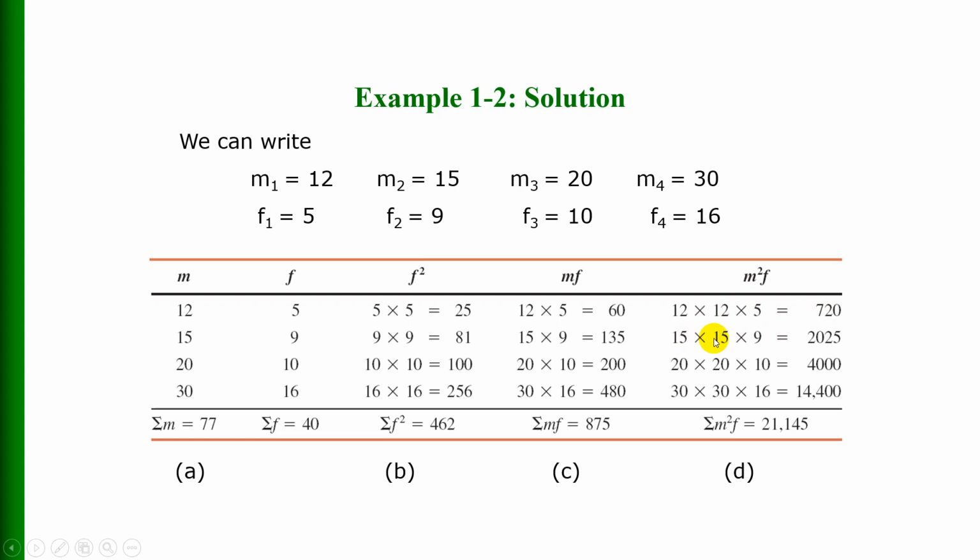Then 15 into 15 into 9 is equal to 2025. Then 20 into 20 into 10 is equal to 4000, and 30 into 30 into 16 is equal to 14,400. If we add up all these values, we get summation m square f, and that is equal to 21,145.